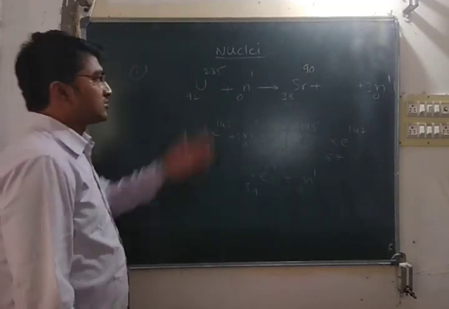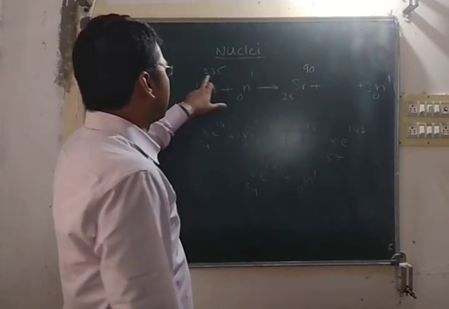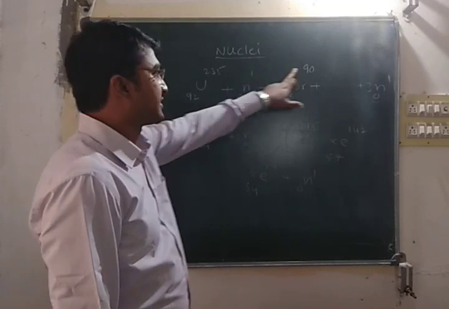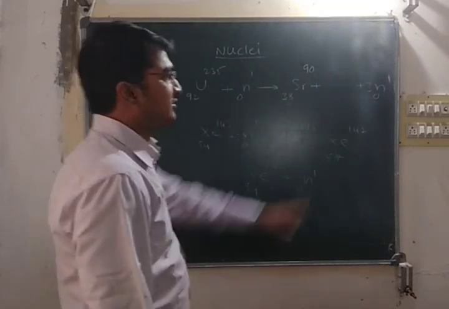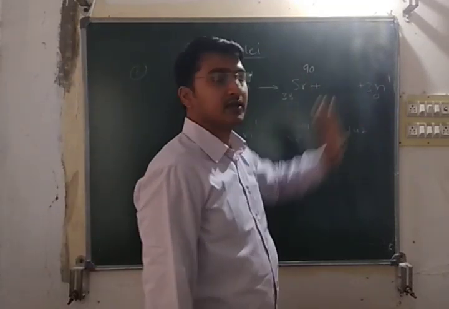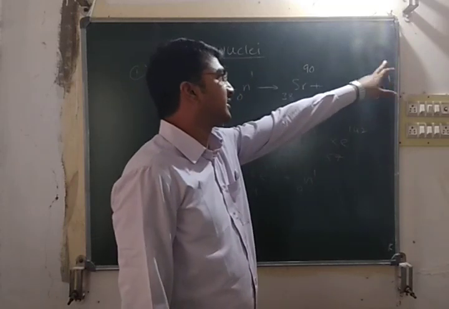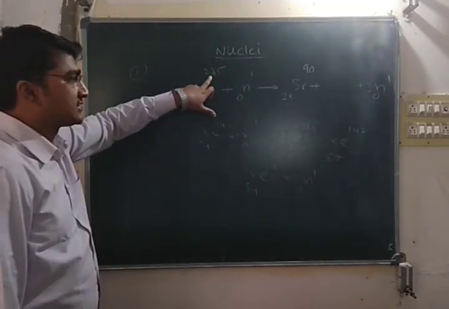We have to choose. You know how to calculate: 135 plus 1 is 136, and 90 plus 3 is 93, so here the total is 136 and 96.